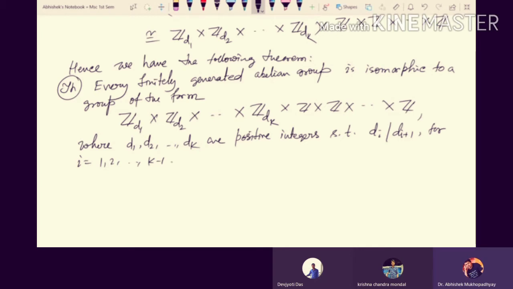So every finitely generated abelian group is isomorphic to a group of this form, and this is known as the fundamental theorem of finitely generated abelian groups.